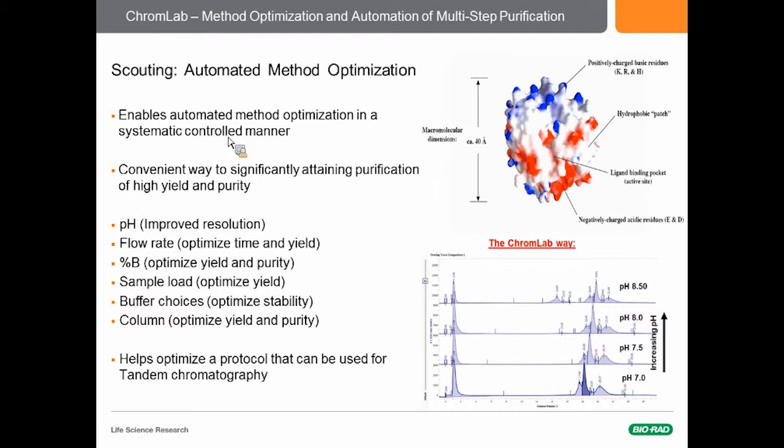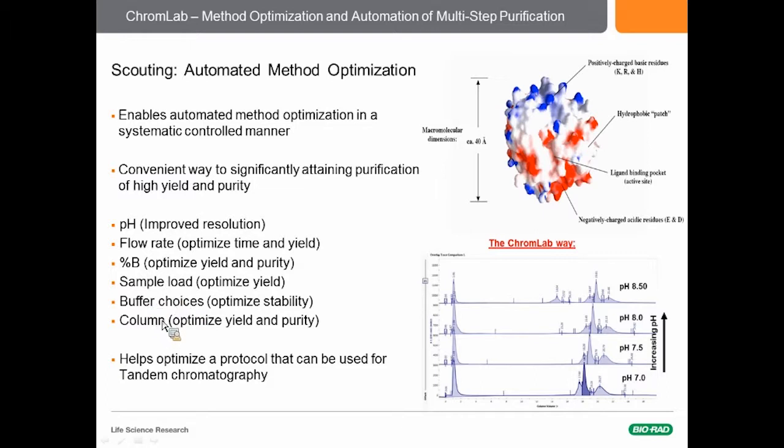It can help significantly accelerate method development to attain purification of high yield and purity. The scouting tool allows you to systematically change a single parameter to optimize various conditions. The parameters are pH, flow rate, %B, sample load, buffer choices, and columns.